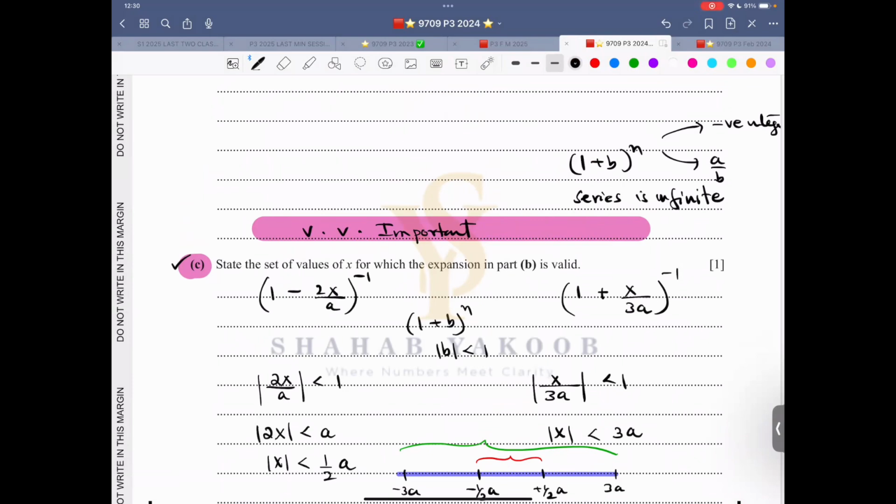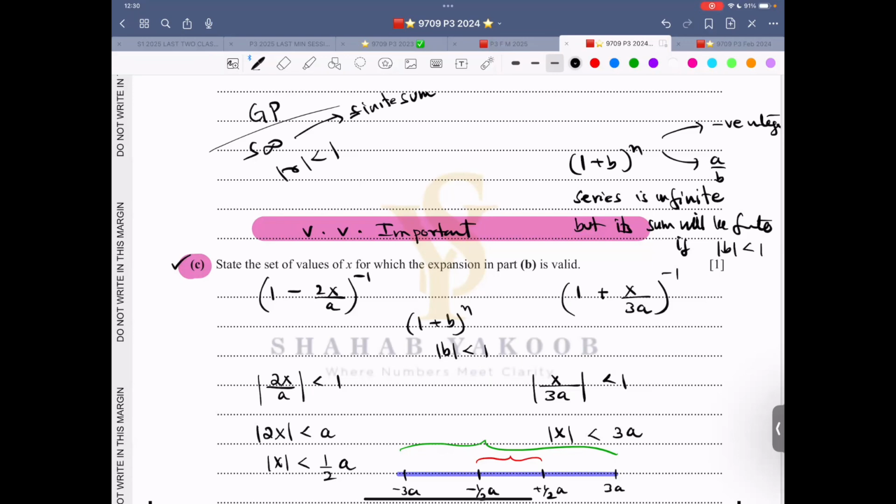Series is infinite, but its sum will be finite if modulus of b is less than 1. So that's a rule. Just like GP, sum to infinity: a common ratio modulus less than 1, an infinite series has a finite sum. That is the logic right over here.